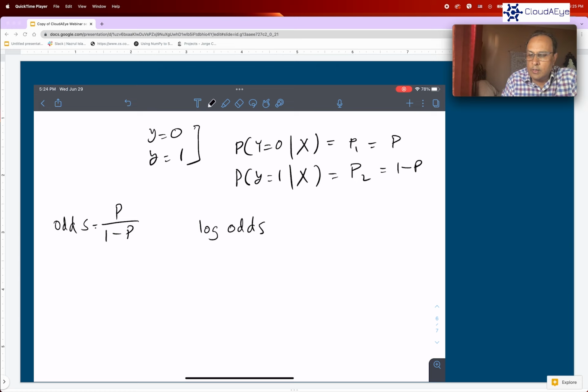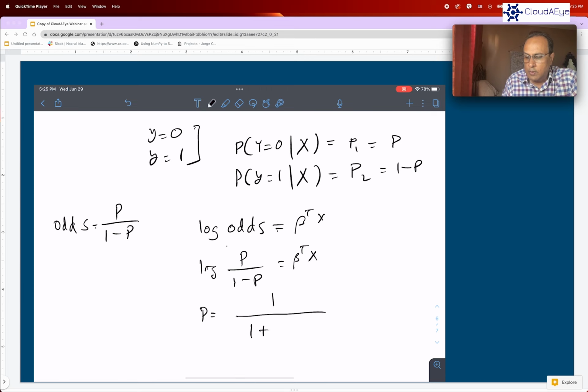So we can say that log of p over 1 minus p is beta transpose x. And one can do very simple algebra to find that p, which in our case is the model output, is equal to 1 over 1 plus e to the power negative beta transpose x. And the other one would be 1 minus p. So this is the actual derivation of logistic regression, right?